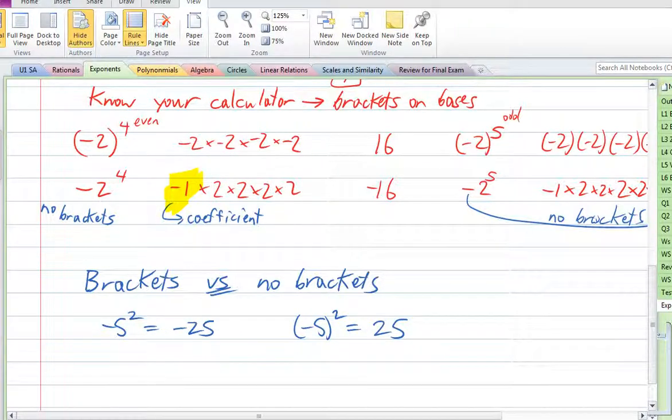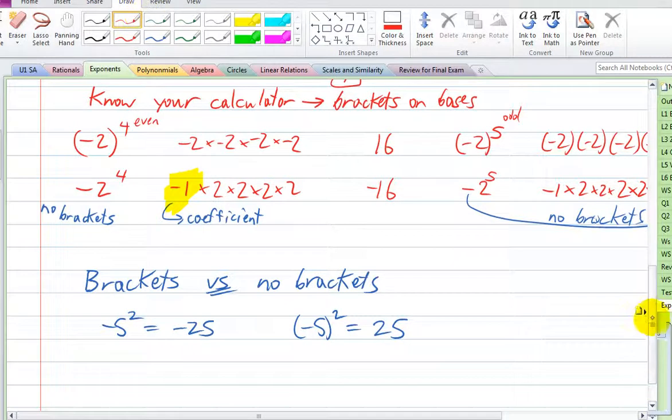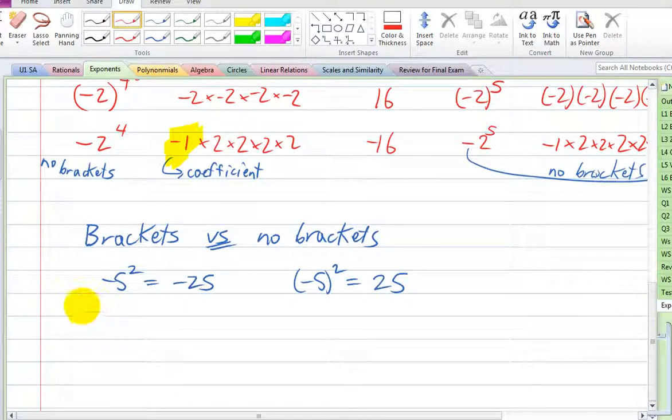The reason? You need to understand how it expands. This is negative 1 times 5 times 5. This one, though, it's negative 5 times negative 5. Okay, so there's a big difference there with brackets versus no brackets. Okay, that's an important one.